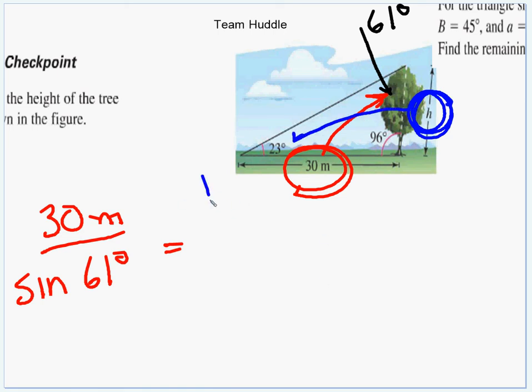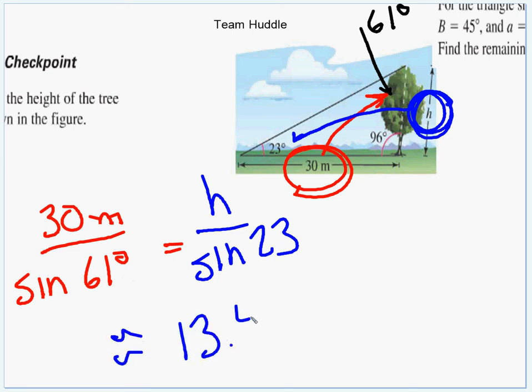So that will be our unknown H over the sine of 23. Cross multiply, 30 times sine 23, divide that by the sine of 61. You get the tree is approximately 13.4 meters. And there we go. Found that tree.